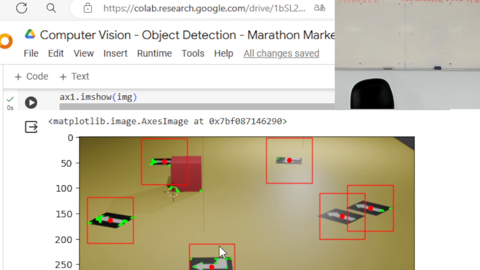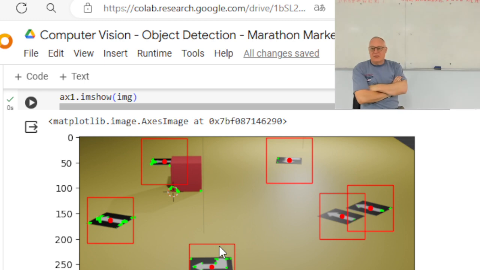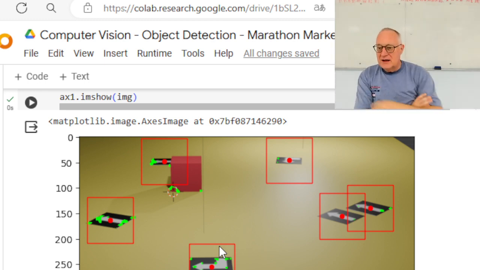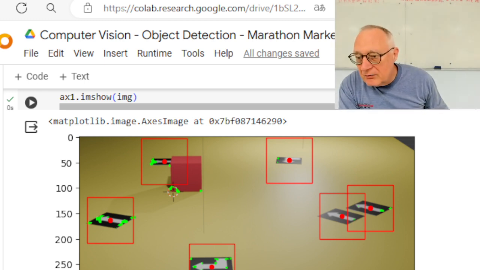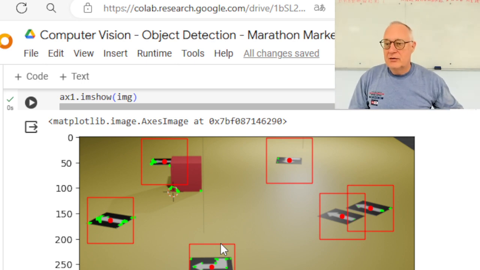And my feeling will be that just looking at the corner points is a little bit too limiting. It may work, but even at the front marker here, we only have 1, 2, 3, 4, 5, 6, 7, 8, 9, 10, 11 different corner points.